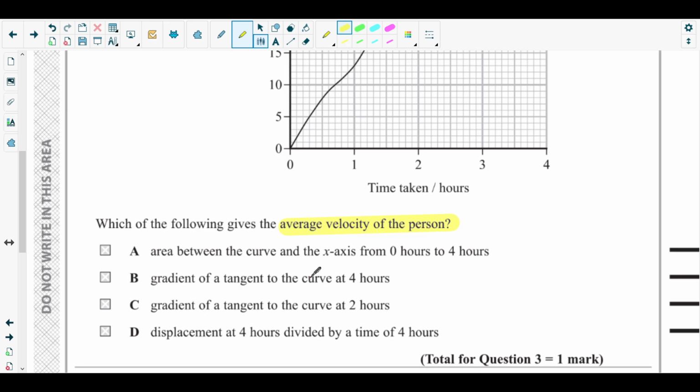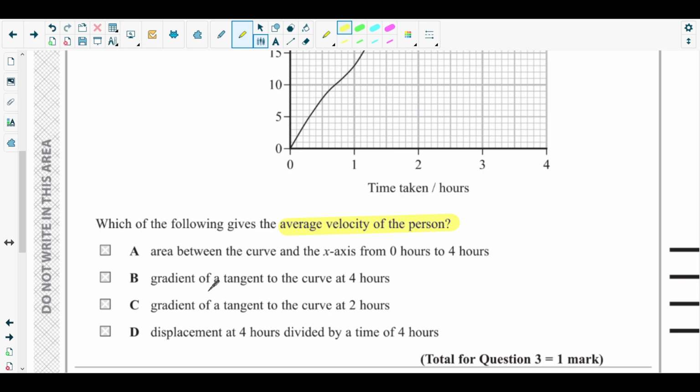Option B, gradient of a tangent to the curve at 4 hours. Gradient gives you the velocity on a displacement time graph, but at 4 hours it will give you the instantaneous velocity. So this is not the answer. We need average velocity, which will consider the whole journey, not an instant moment. So B is definitely not the answer.